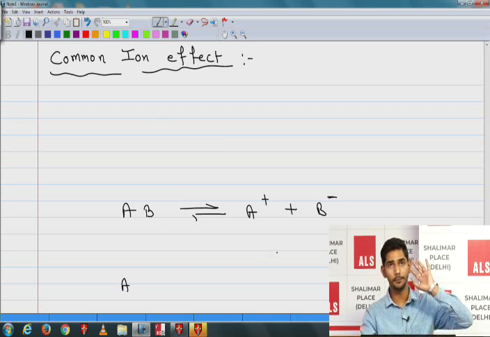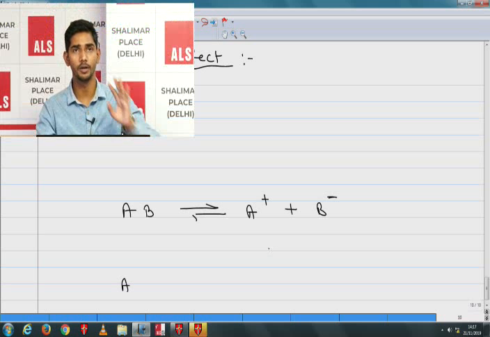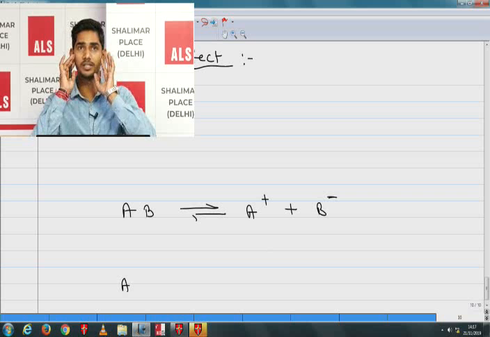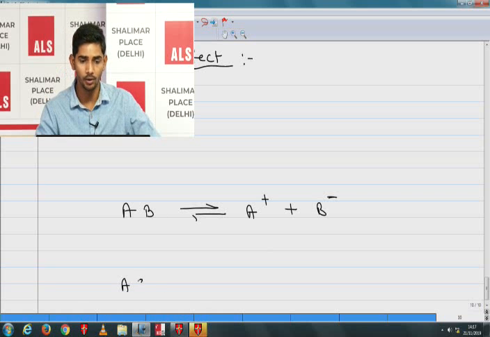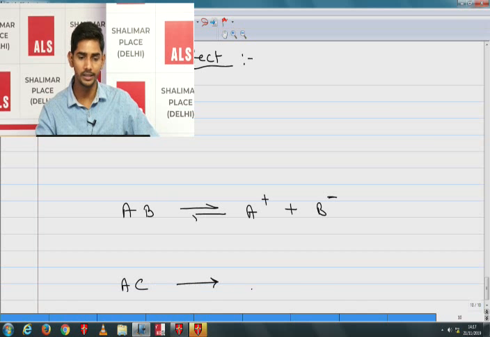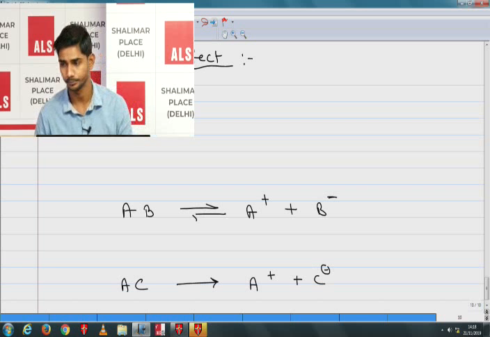Means in a container, I was having the AB mixture. AB was already in the equilibrium state, and it has dissociated into A plus and B minus, and there is already established equilibrium. Now I have added an electrolyte into that solution, and that electrolyte dissociated to give A plus and C minus.